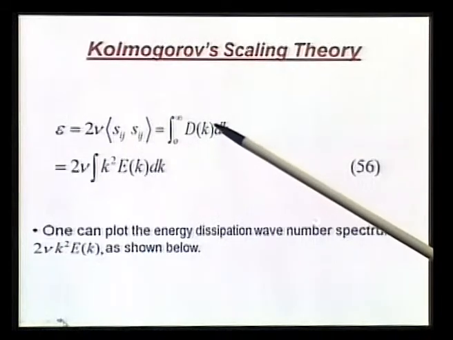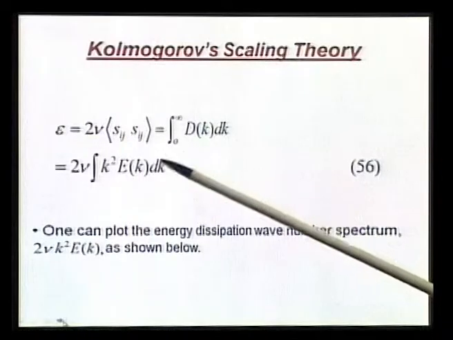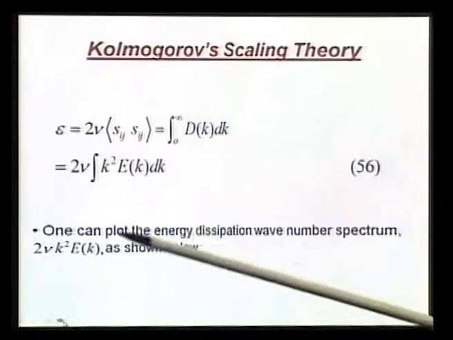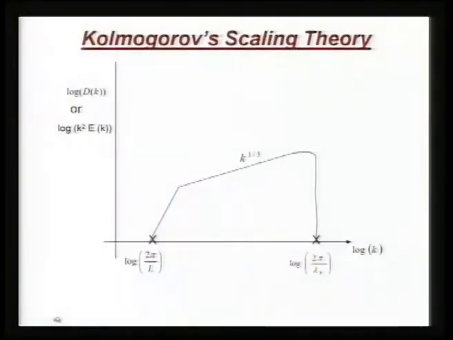That is the definition of dissipation. So, dissipation is nu times k square E k, and that is what we are going to plot. This is how it is going to look. It is a kind of sketch, so do not take it too literally.